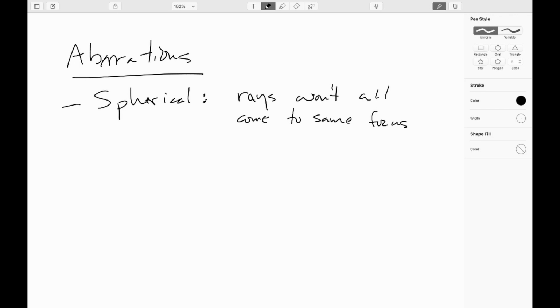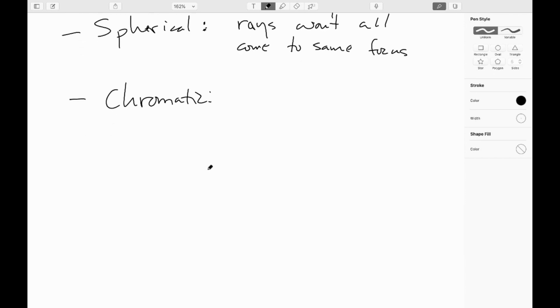Okay. A problem that is unique to lenses, and this is part of why I recommend that telescopes use mirrors, is chromatic aberration. We've already seen that blue bends better.